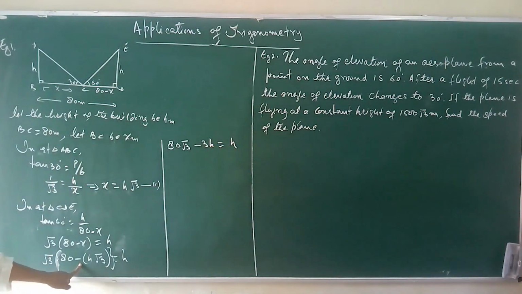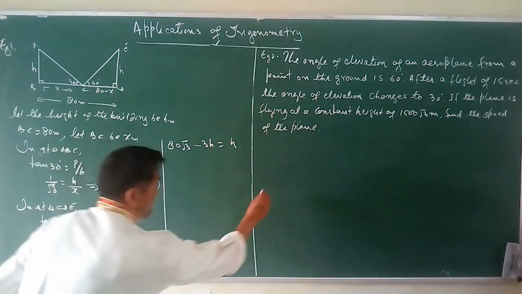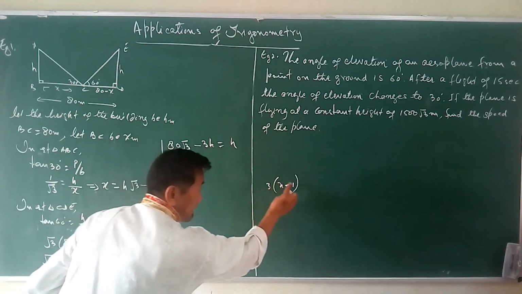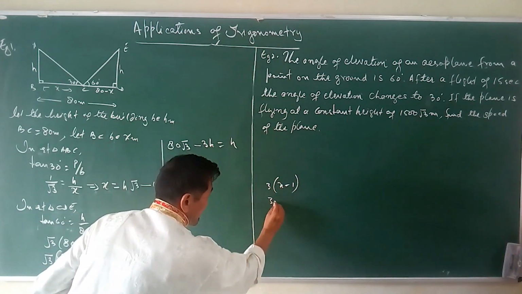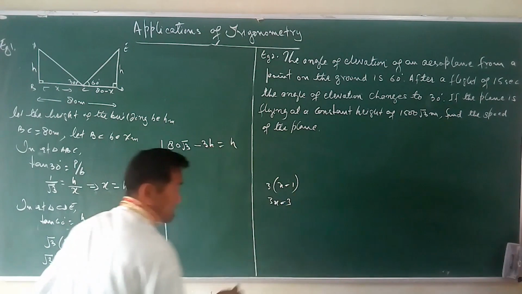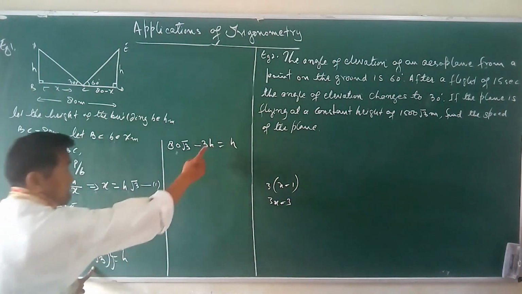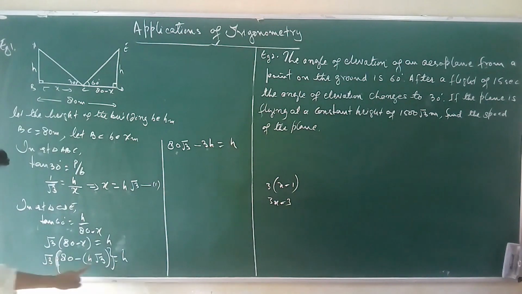Negative X minus 1, 3X, tan 3, root 3 into root 3 is 3, and 3H.